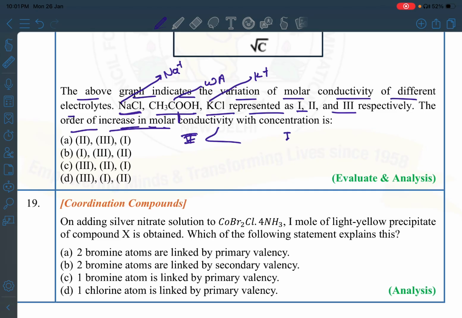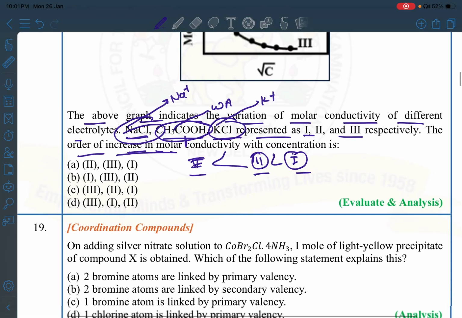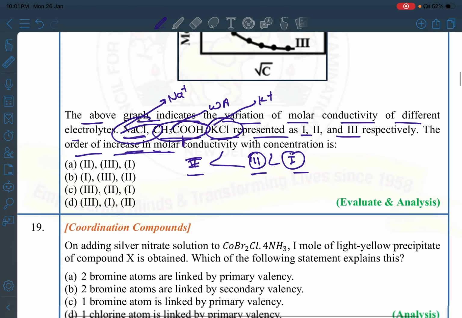So the first will have higher and then the third will be in between. So this is lowest, then this, and then this. So 2, 3, 1 is the order in the general perspective.